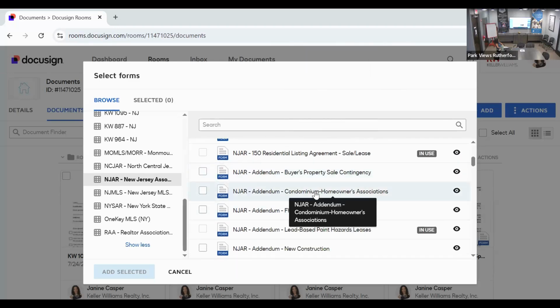If you're ever looking for your condo form, it is in here, Condominium Homeowners Association. This is a document I tend to send the sellers at time of listing because it asks on there who's the management company, what's their phone number, what's the amount of your HOA. I know we put that information on there. However, it also asks in text boxes below, is there an assessment?